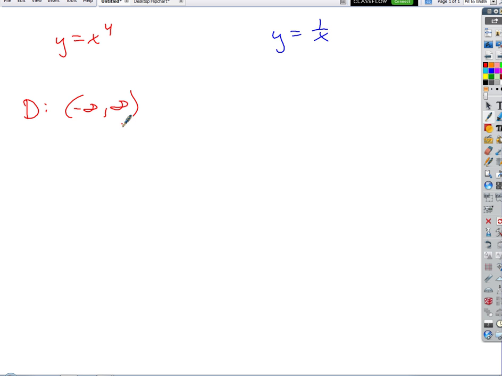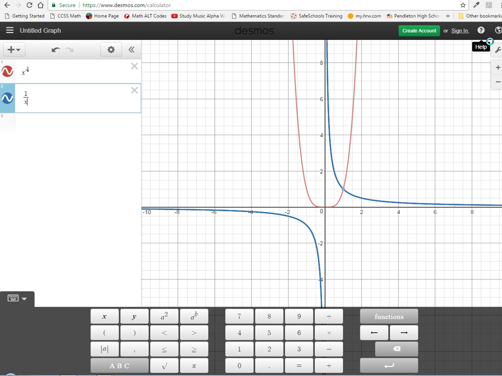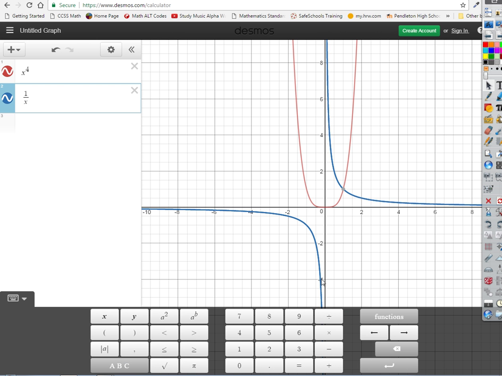But the domain of this one is not. The domain of this one is x cannot equal 0. Right? Any other value is okay. He can walk on this part of the function over here, or on this part over here, but they're completely separated by this vertical asymptote. Okay?